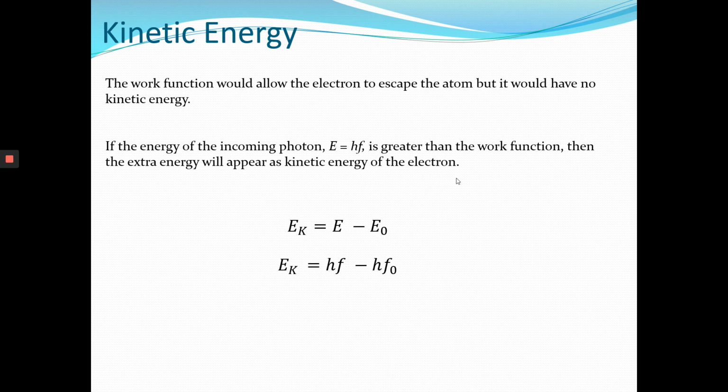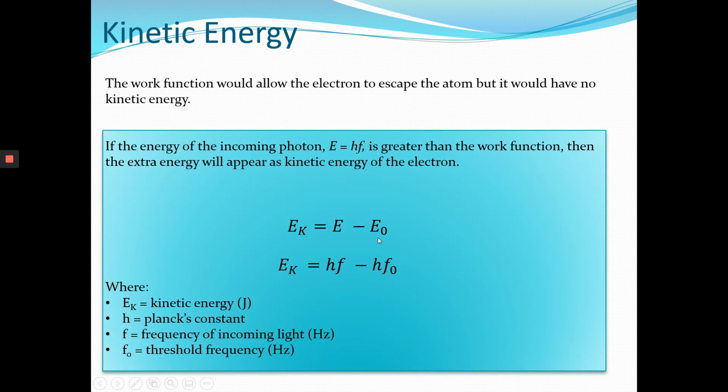We can work out the kinetic energy of an electron by these two equations. Now, it looks more complicated than it is. The kinetic energy of the electron will be the energy of the photon take away the work function. Remember, the work function is just the energy required for the electron to escape.